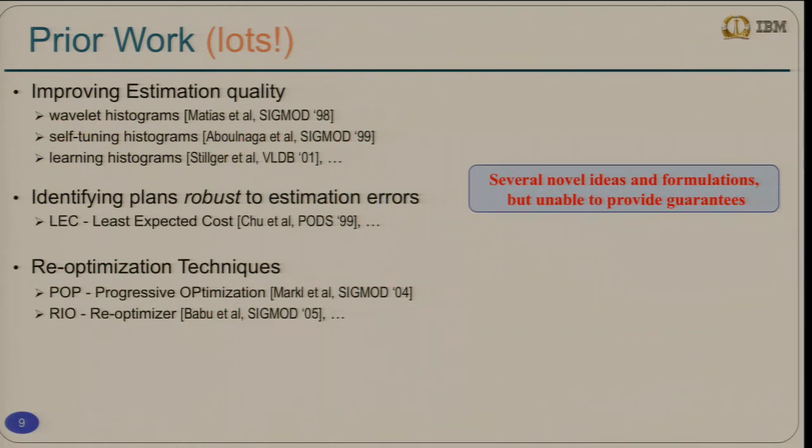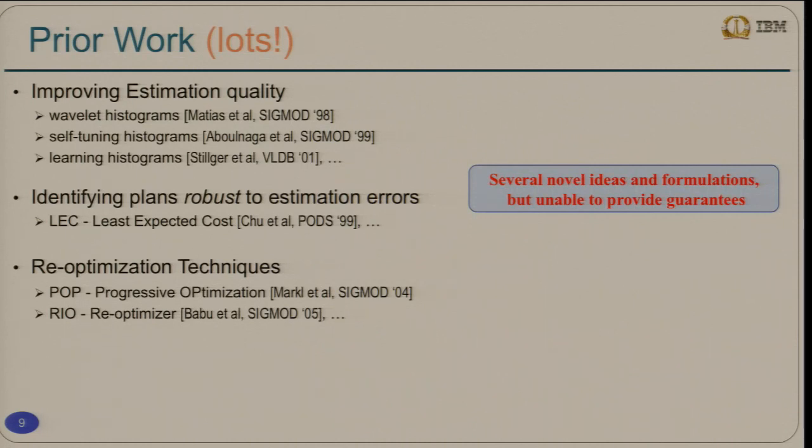People have been conscious of the impact of these estimation errors, and the database literature has been trying to address this problem for the last 2 decades. But the main thing is that most of this work does not look at it from a worst case point of view. It does not look at what is the worst case performance hit that I may take because of the approach that I take, right?